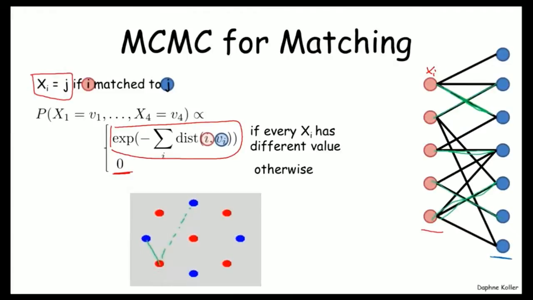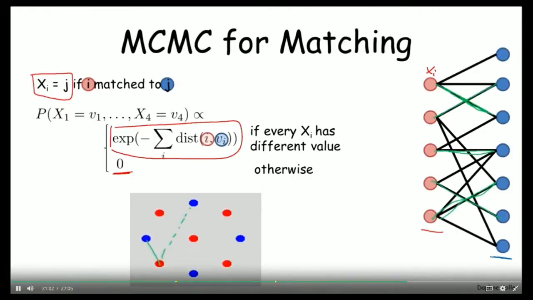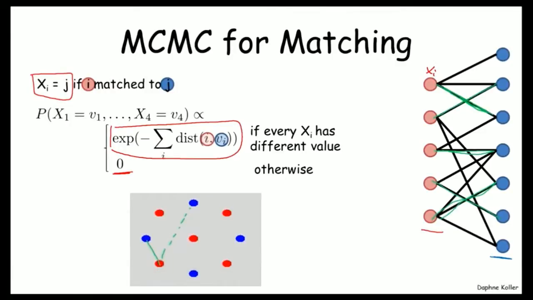So one can imagine running Gibbs sampling on this model by taking a variable, say one of the red dots, and picking a new value for it, that is, a new blue dot that it wasn't matched to. This is going to change things very, very slowly because most of the blue dots are going to be taken by a different red dot.